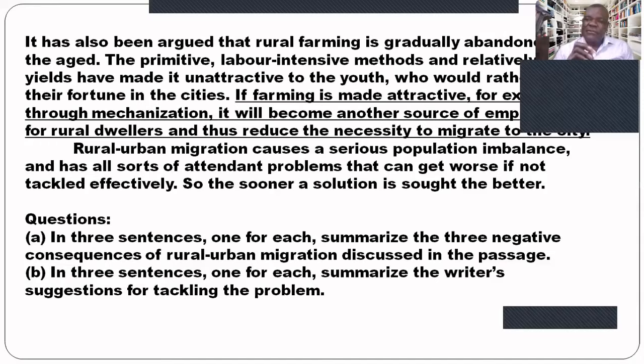The second key benefit of reading the question first is that it saves time, you know. Having read the question and having discovered what you are supposed to look for in the passage, you are no longer in the dark as you begin to figure out what the passage is about, because you already know. And then you are going to read with a purpose.